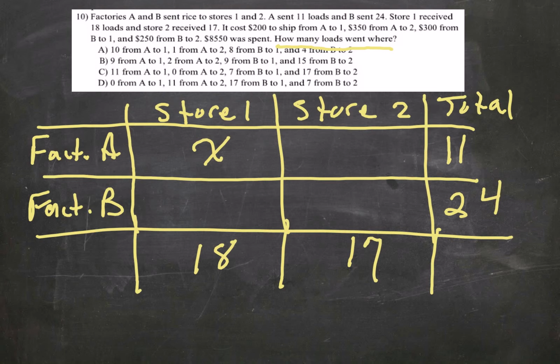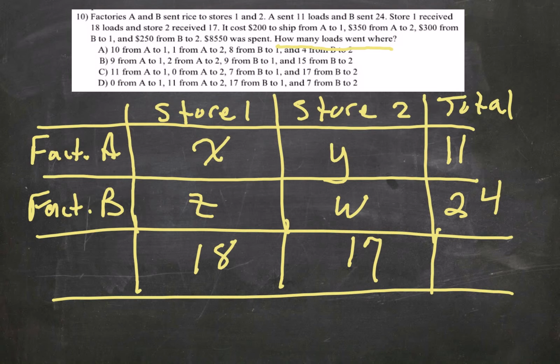So in our boxes here, we're going to have different variables. I could have done X, Y, Z, and W, but just make sure you remember what variable is standing for what. So from Factory A, X is the number of loads sent from Factory A to Store 1.